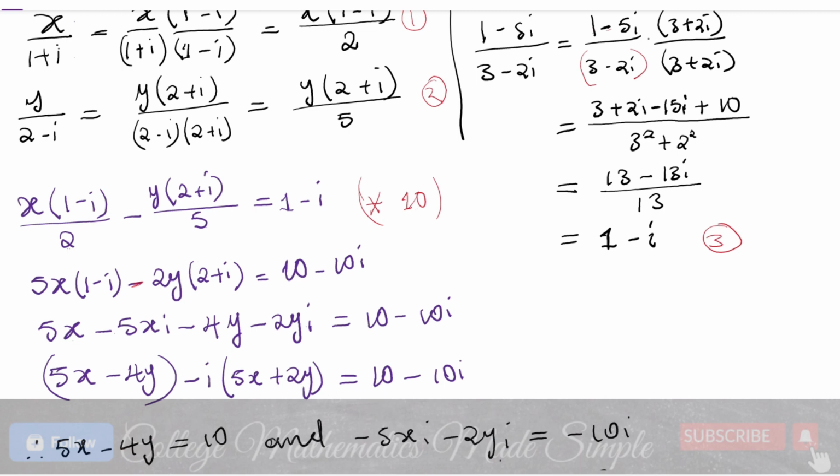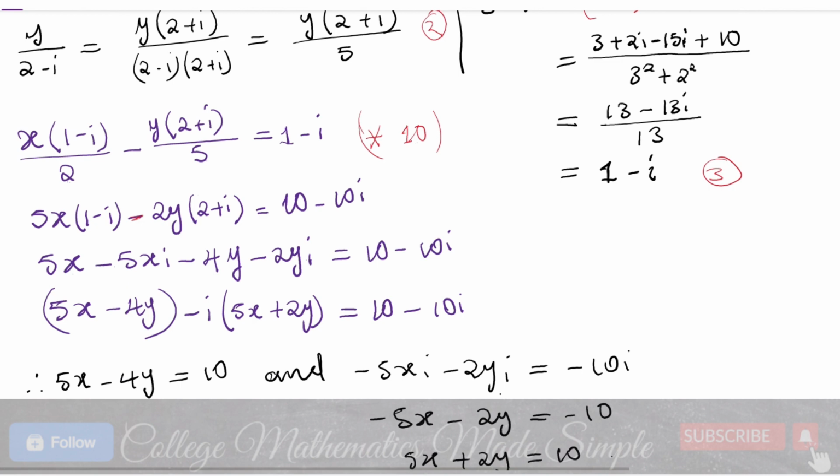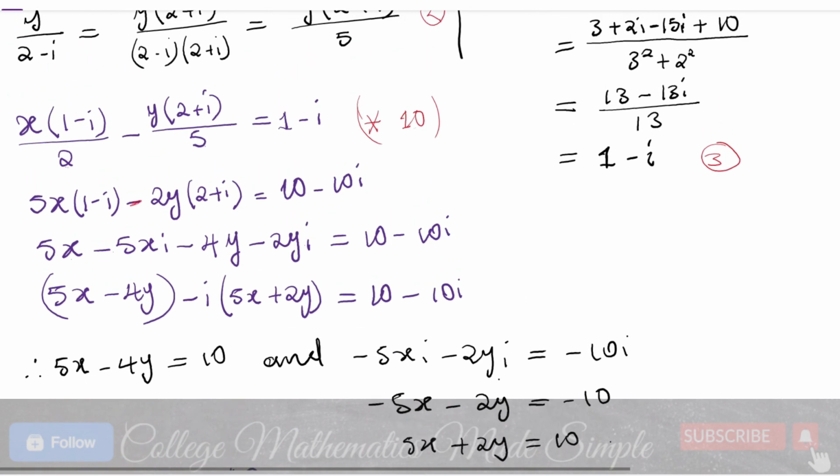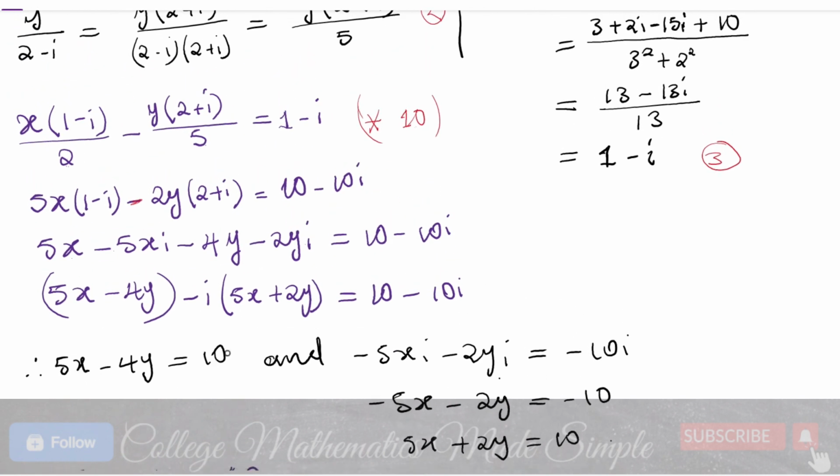Now we are solving for x. So what we are going to do, we get the real part. This is 5x minus 4y is equal to 10. So I equate the part that does not have i on the left to the part that does not have i on the right, so that I have 5x minus 4y is equal to 10.